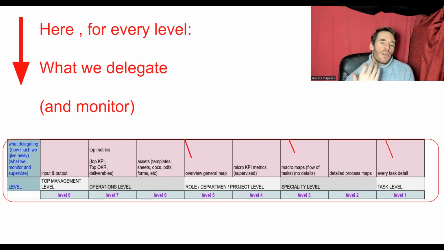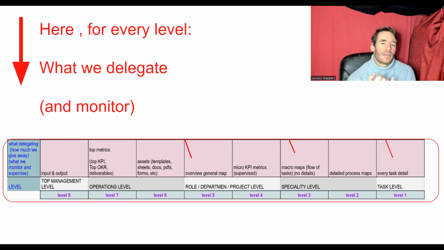In that case, you will need to manage less the small metrics and manage more in general. For example, in level 5, you will manage by an overview general map, and you manage by assets, top metrics, input and output.